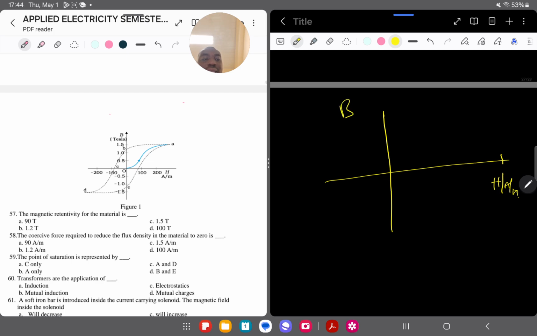Then here is your magnetic flux density, which is in Tesla. Once you start to increase this, the magnetic flux density of the material also tends to increase. But you increase till it reaches what we refer to as a, let me do this, right?